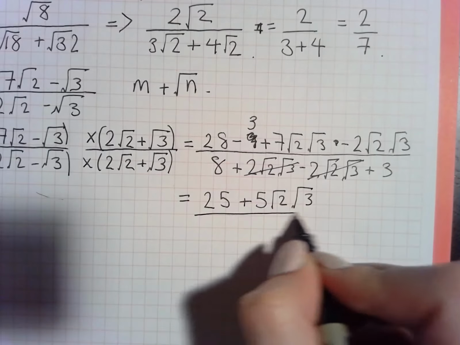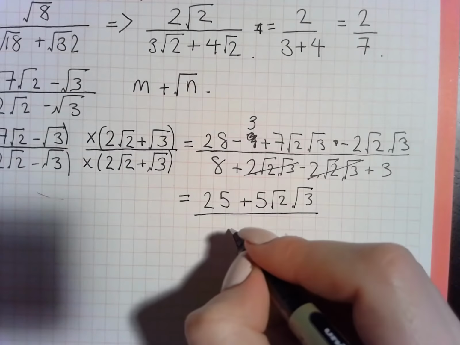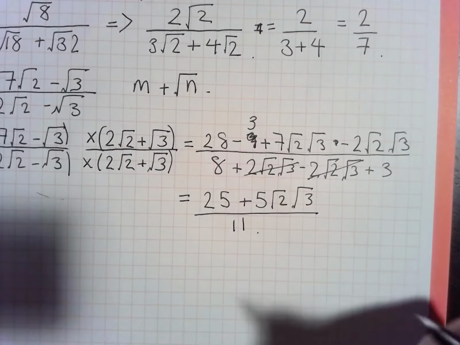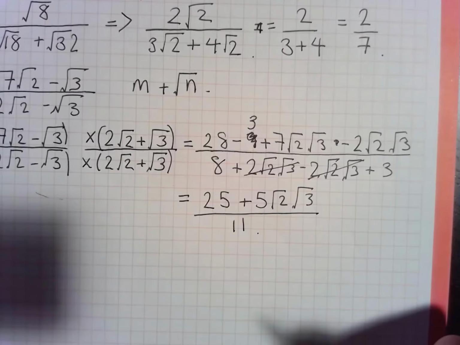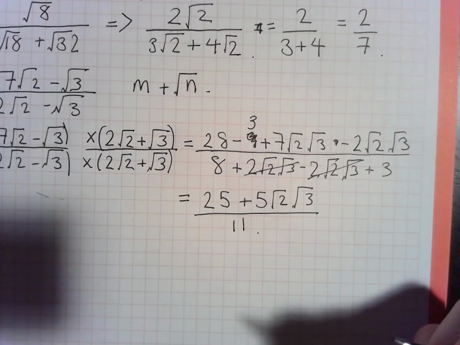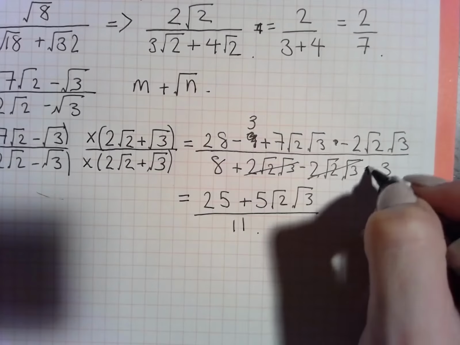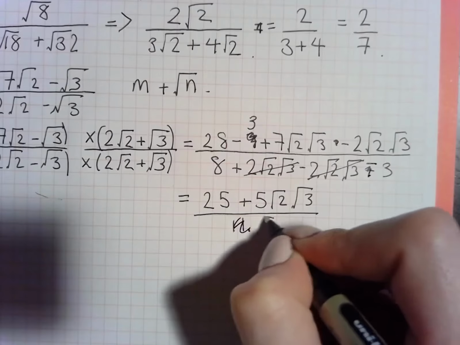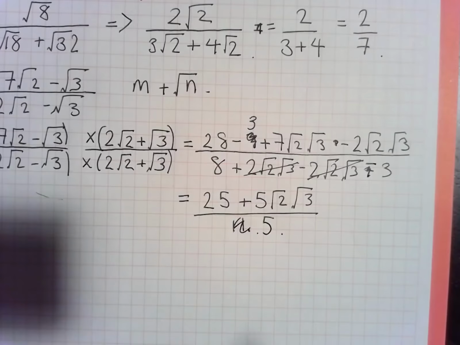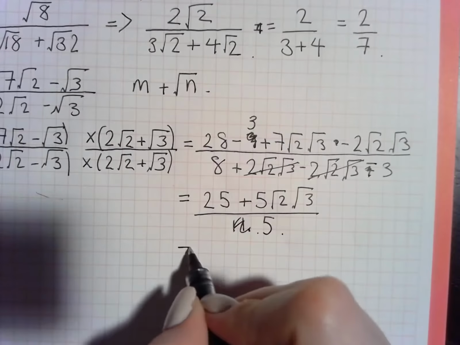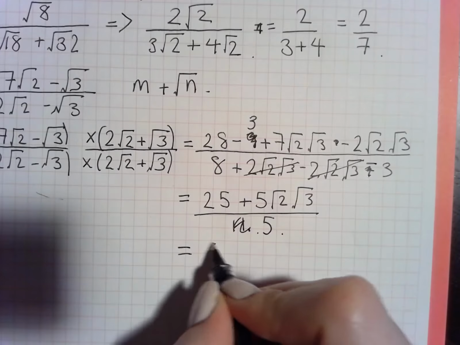And then on the bottom we just have 8 plus 3, which is 11. This should be minus 3, sorry. So that's just 5. So all of these are multiples of 5, so we can divide everything by 5.